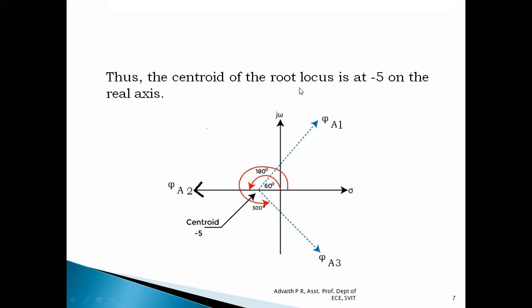So the centroid of the root locus is at minus 5 on the real axis, somewhere over here. Using that centroid, we'll place a protractor and mark 3 angles. The 60-degree angle gives us angle of asymptote 1, the 180-degree angle gives us angle of asymptote 2, and the 300-degree angle gives us angle of asymptote 3.